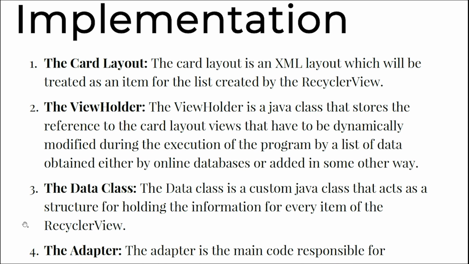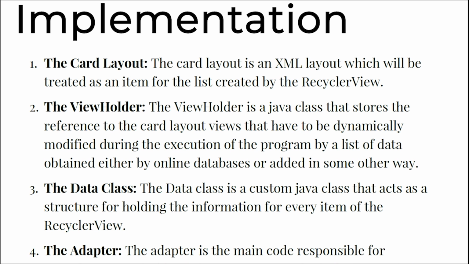Now, the third step, the data class. The data class is a custom Java class that acts as a structure for holding the information for every item of the RecyclerView. So, it is a model class, having a constructor, having getters and setters, and having an empty constructor.